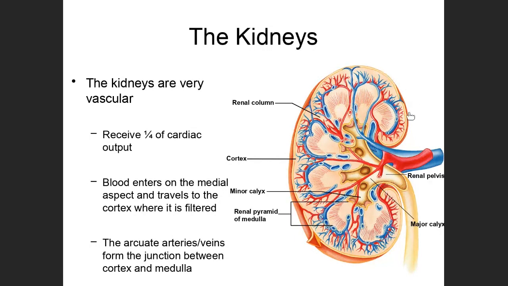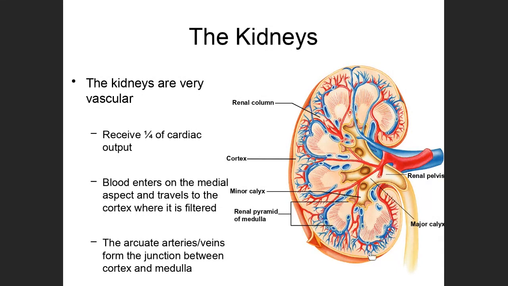What happens when blood enters the kidneys is it travels through this renal artery and then it moves through a series of blood vessels out to what's known as the cortex of the kidneys. If you look at this outermost portion of the kidneys where we've got a lot of small blood vessels, this is an area which is known as the cortex, and it's worth mentioning because it's within the cortex that we have the microscopic structures that filter the blood and from that produce urine.